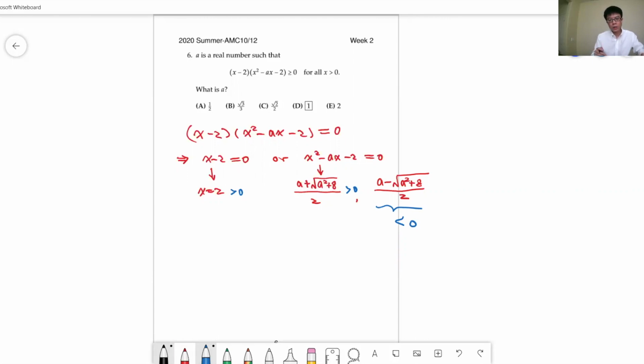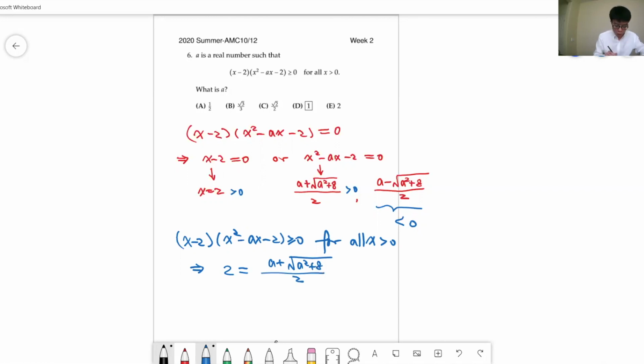Otherwise, whenever this function touches the root, the sign changes. Okay. The only case that the sign doesn't change is when these two roots are equal. For all x, this means 2 equals this root.